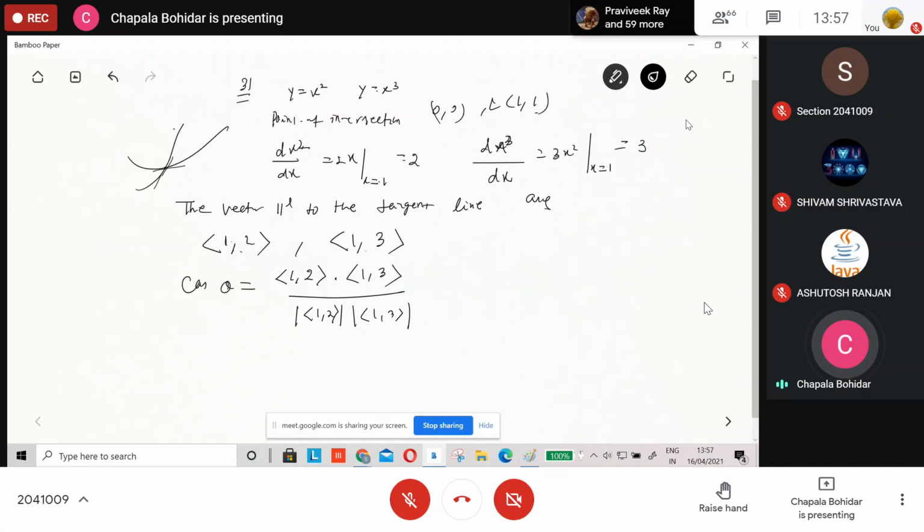The dot product is 1 plus 6, which is 7, divided by root 5 times root 10, which I can write as 7 divided by 5 root 2. So find out the value of 7 divided by 5 root 2.